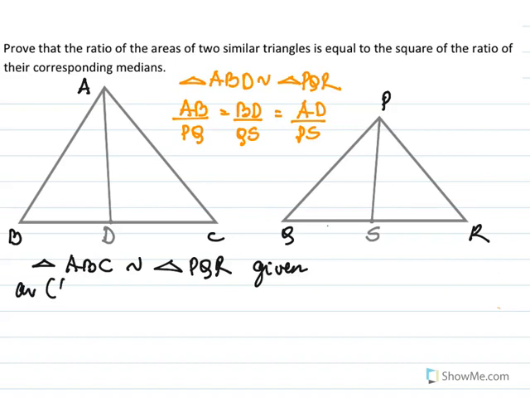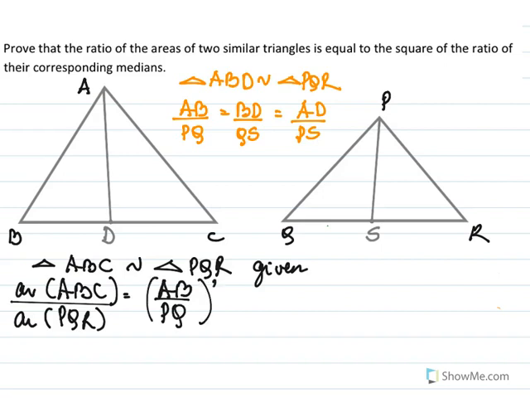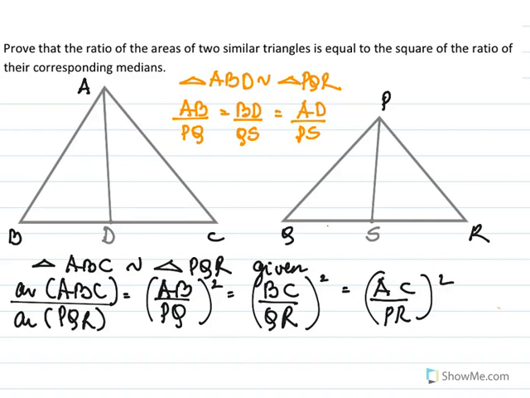Therefore we can say area ABC over area PQR equal to AB over PQ the whole square, this is the property, equal to BC over QR square equal to AC over PR square. But here we see that AB over PQ equal to AD over PS. So let's put that value in our sum.